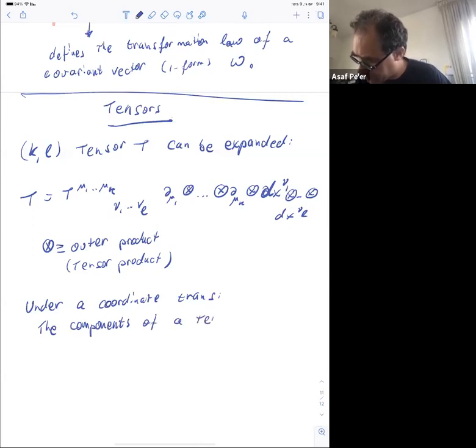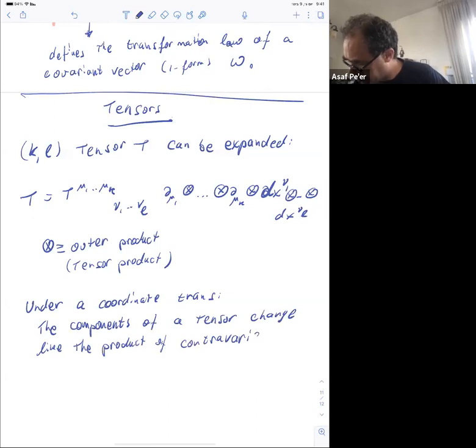And tensors change by the product of contravariant and covariant factors.